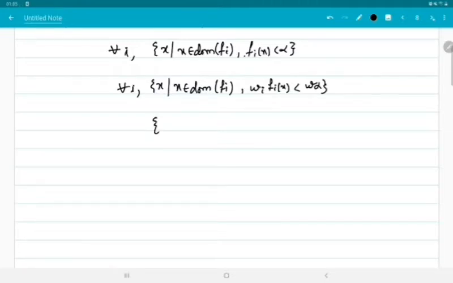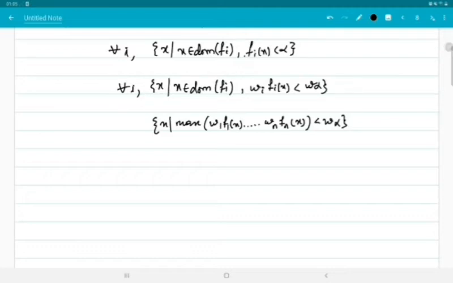What we get is precisely what we want: the maximum of w1 f1(x) through wn fn(x) is less than or equal to w alpha. So this is what we wanted.